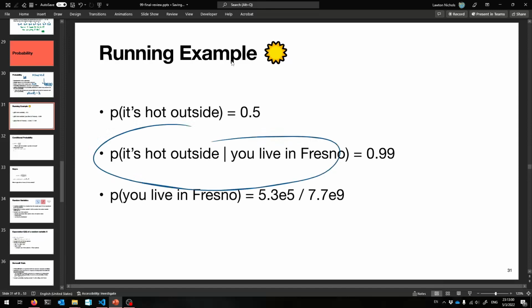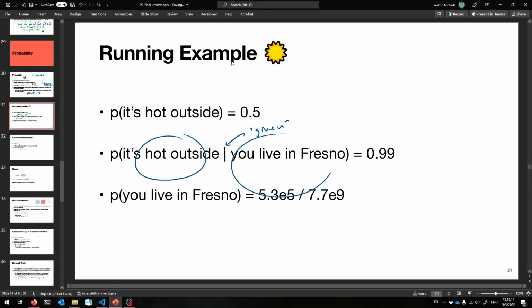And here's a conditional probability: the probability that it's hot outside given that you live in Fresno. Remember that this little bar means given. So under the assumption that you live in Fresno, the probability that it is hot outside is 0.99, which feels like the right answer, doesn't it, most days?